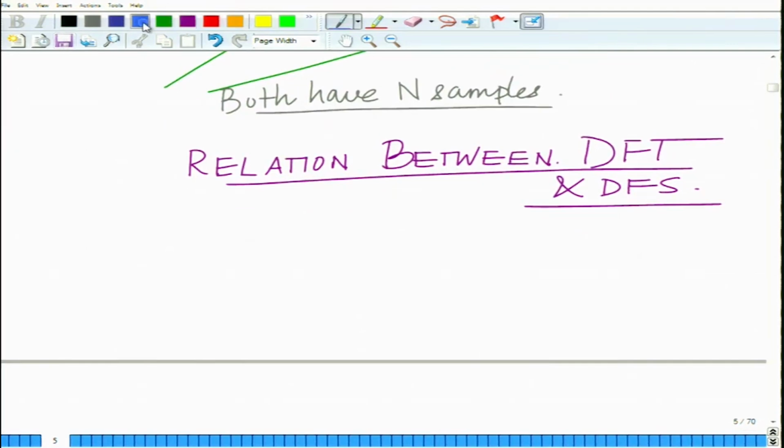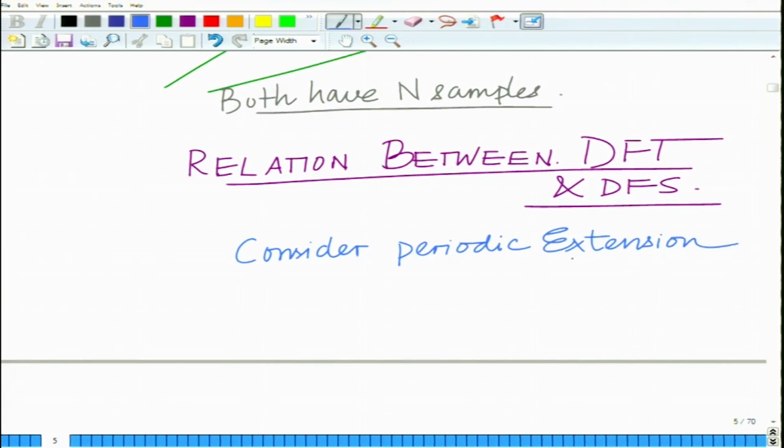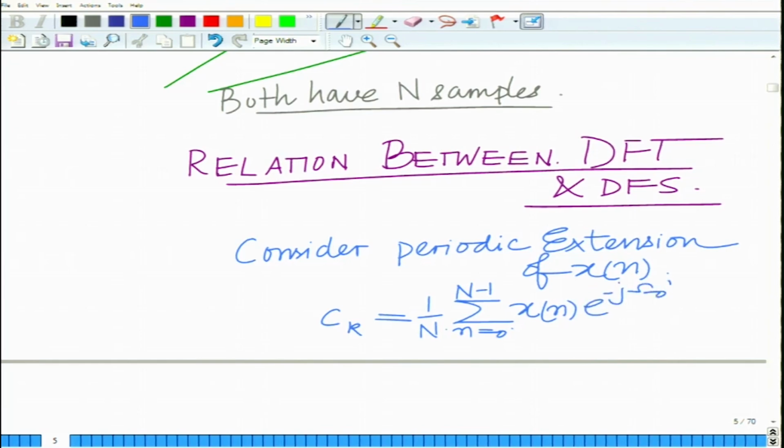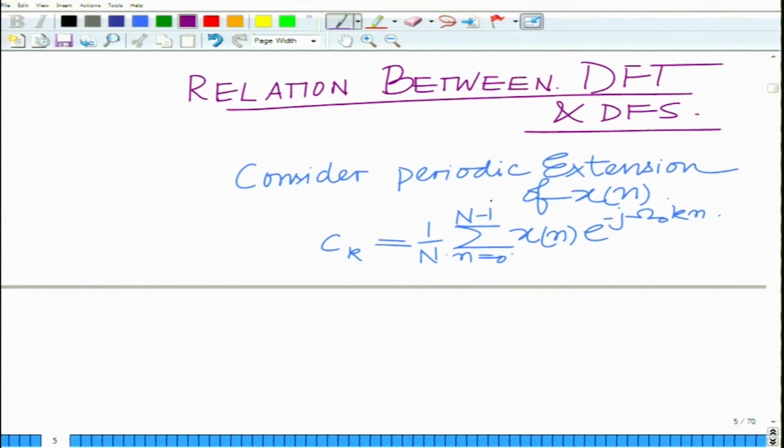Consider the periodic extension of x[n], and then we have c_k equals 1 over N summation n equal to 0 to N minus 1 x[n] e raised to minus j omega naught k n. Remember, we are considering a periodic extension of the signal x[n], which is defined for 0 less than or equal to n less than or equal to capital N minus 1.